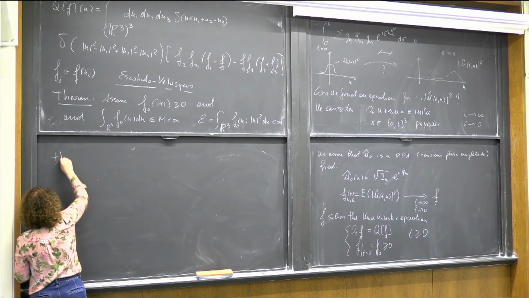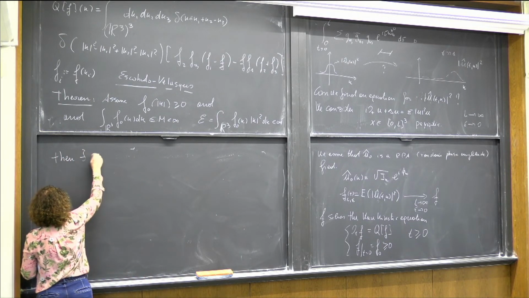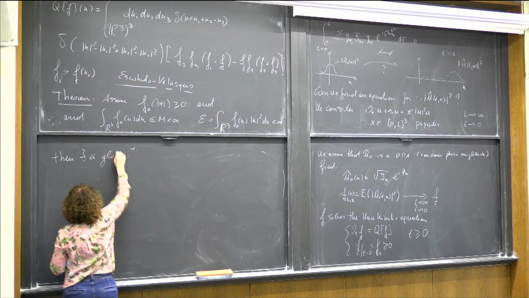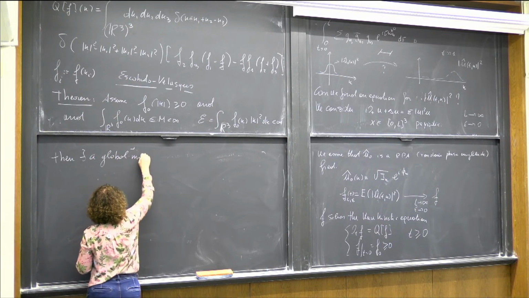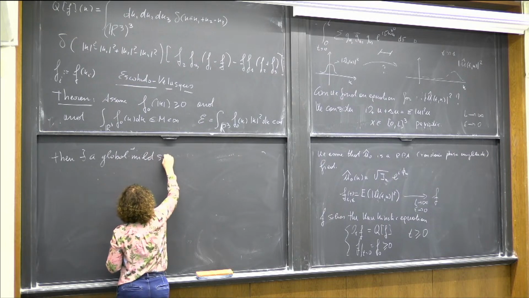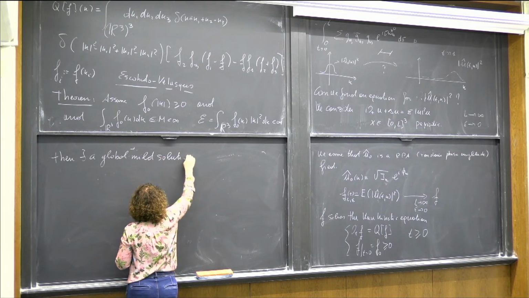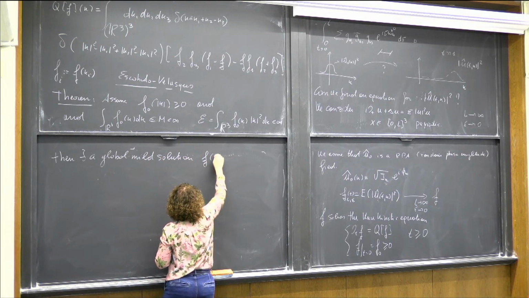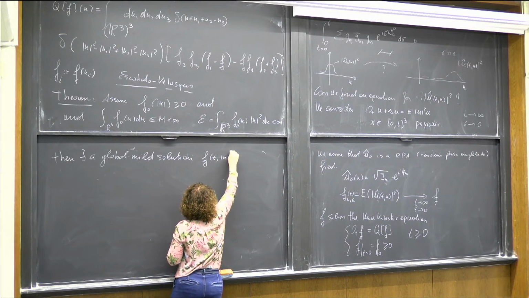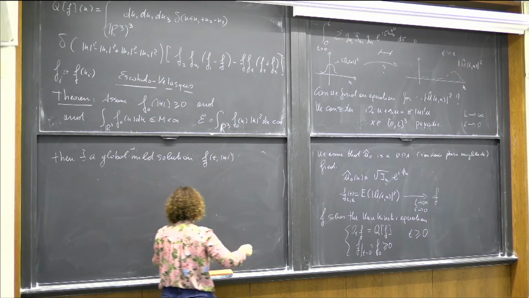Then there exists a global, what we call mild, solution, which is itself radial. Just denote it like that.